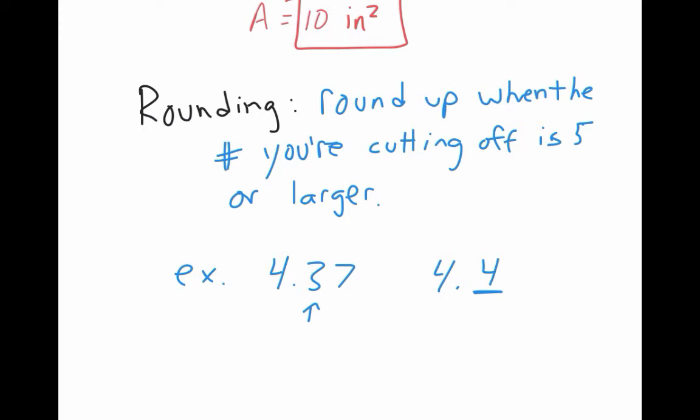If instead we wanted to round it to this spot, does it become a 4 or a 5? It stays 4, because the 3 isn't 5 or larger, so we don't round the 4 up. So if you rounded that just to the ones spot, it would be a 4.